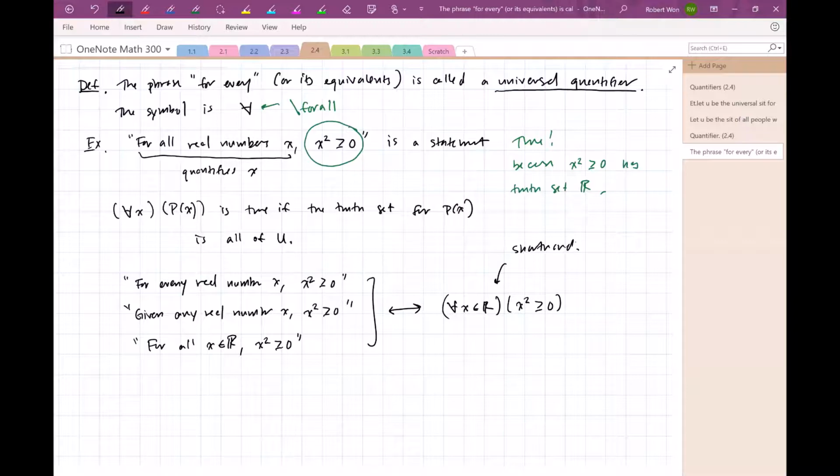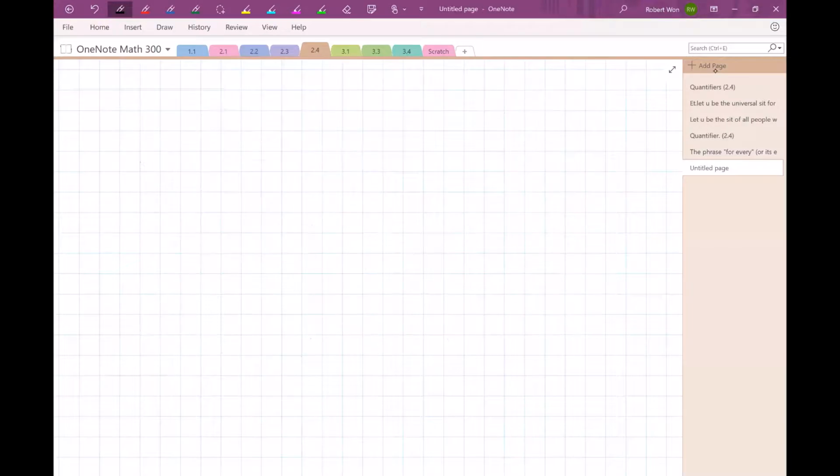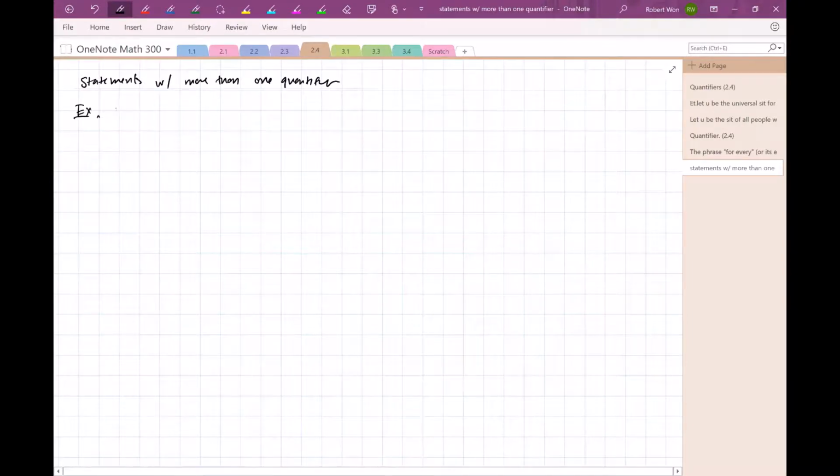Okay. So we can also have statements that involve more than one quantifier. Okay, so statements with more than one quantifier. So let's see if you can write this statement. Let's call this an example. I want you to write the statement in symbols, just so that you should be able to practice going back and forth. I'll have some homework questions where you have to go back and forth.